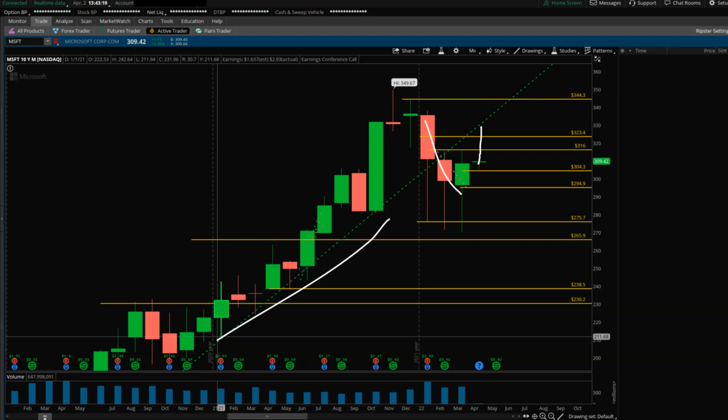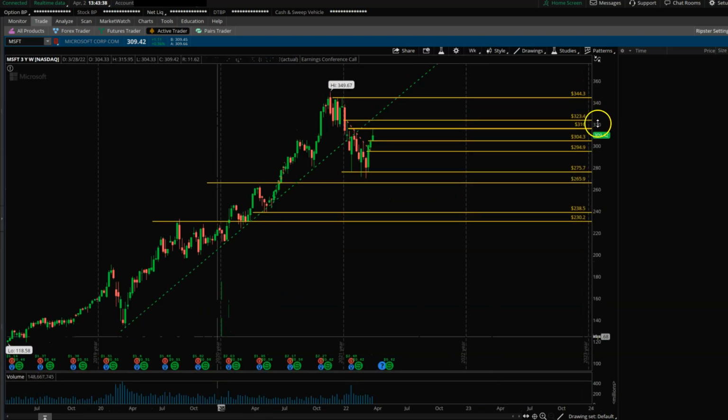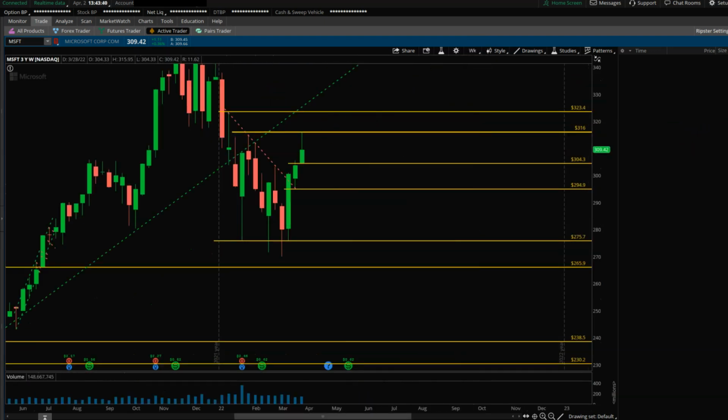If it wants to break above 316, that definitely looks good for the bullish side. Again, if it needs to fail, it would probably fail from this back test of the uptrend line. But before that, we have 316 and then 304, the past week's low, as our downside support for right now.